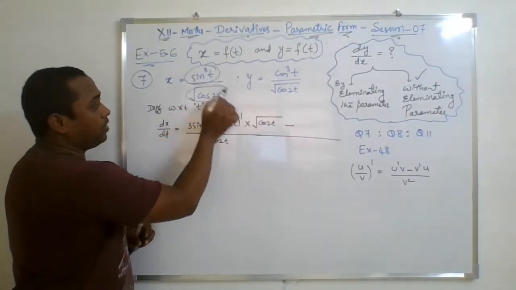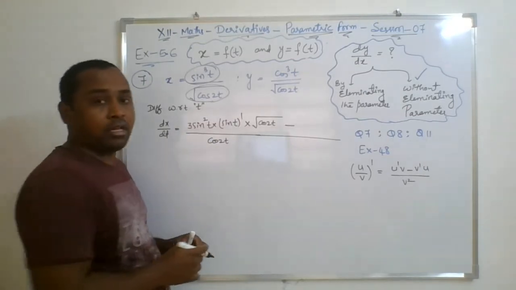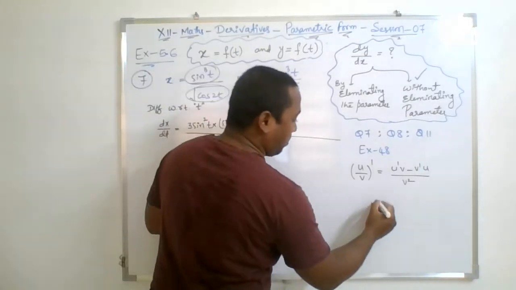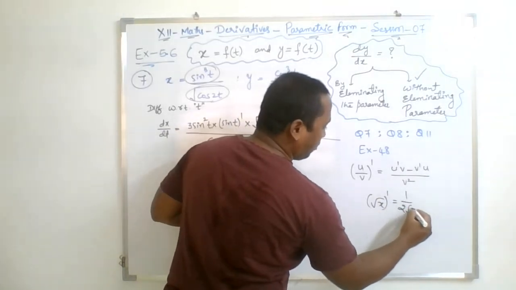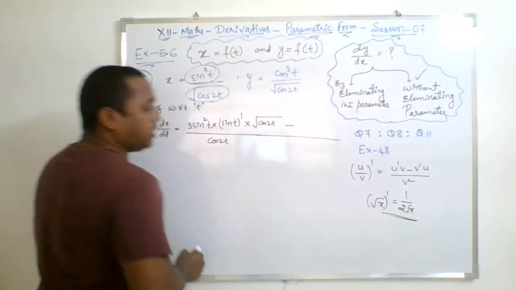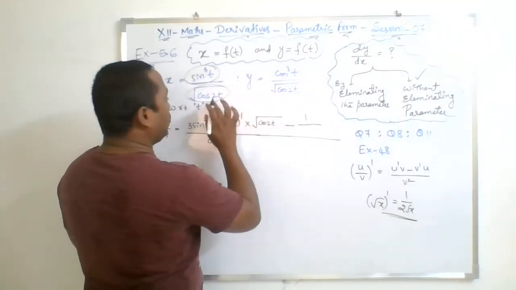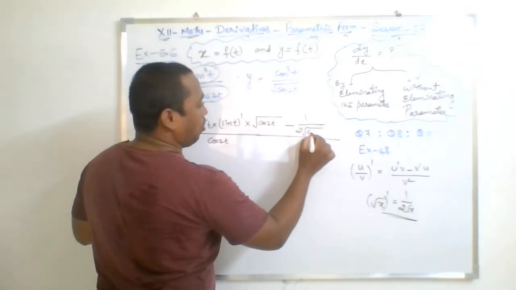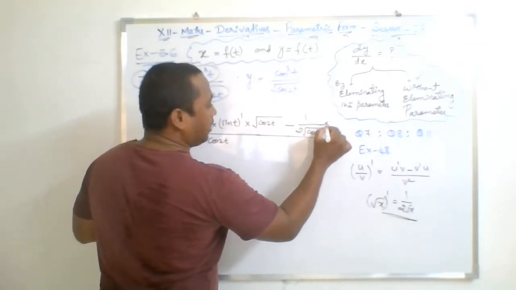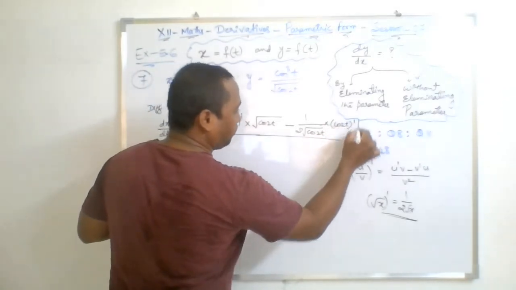Again, if you observe this function in the form of root x, the derivative is 1 by 2 root x. Remember, the derivative of root x is 1 by 2 root x. So by using this formula, root cos 2t gives 1 by 2 root cos 2t into the derivative of cos 2t in the next step.